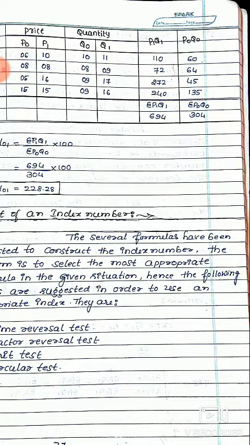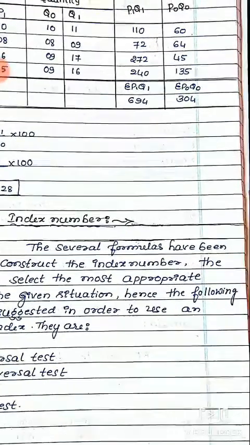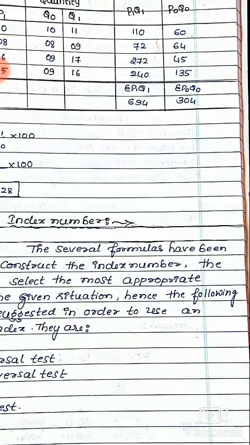The next P0 Q0 values are 60, 64, 45, 135. The total of sigma P1 Q1 is equal to 694. The total of P0 Q0 values is 304. That is sigma P0 Q0 is equal to 304.